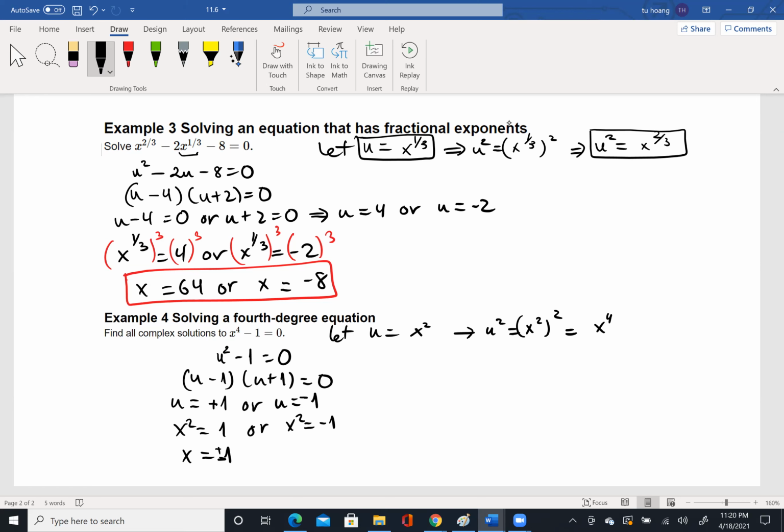But for x squared equals negative 1, there's no real solution. But if you keep going with the imaginary, you have x equal to positive and negative square root of negative 1, which equals positive and negative i. So the solution is x equals positive and negative 1 and positive and negative i. That's the answer.